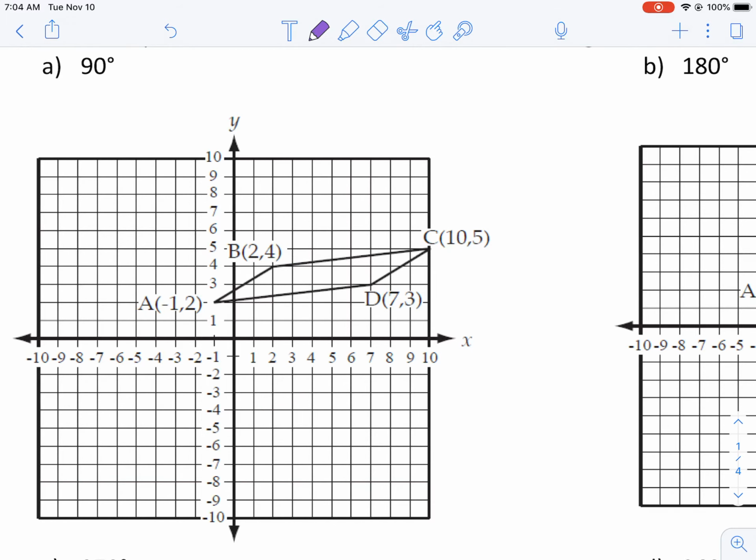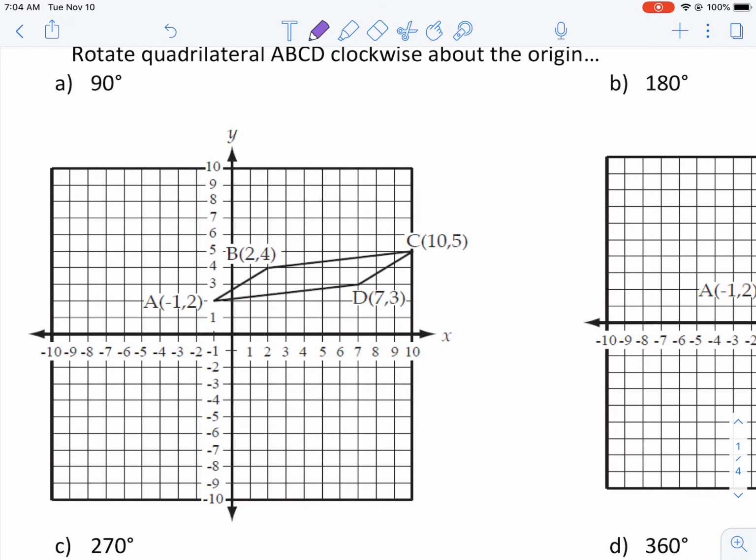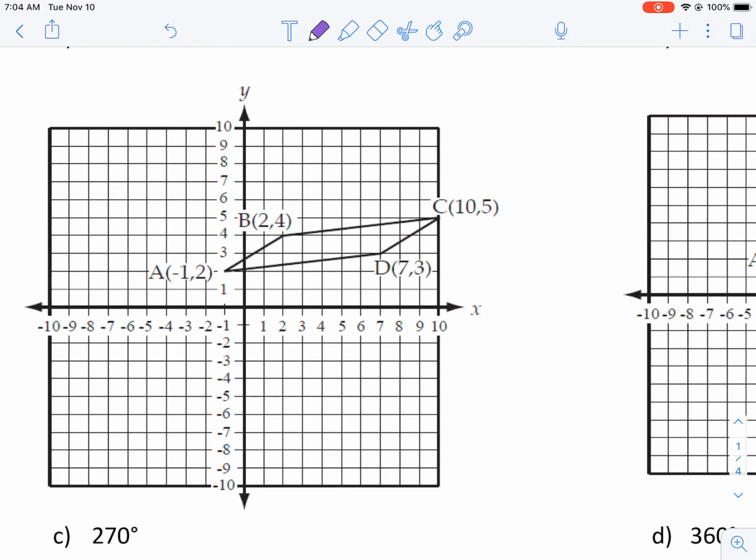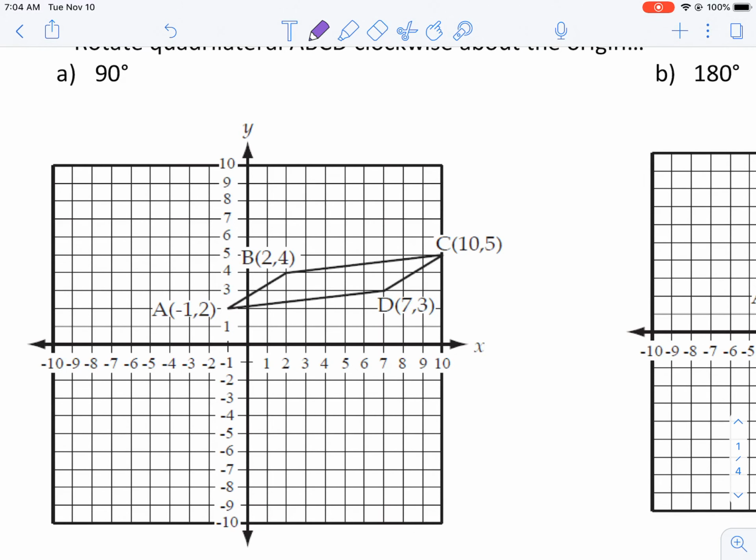So the only thing that you need to remember about rotations is that you need to know how many quadrants you're moving based on the degrees. So 90 degrees is 1 quadrant. The other thing that you need to know is that every time you go into a new quadrant, X and Y are going to flip.